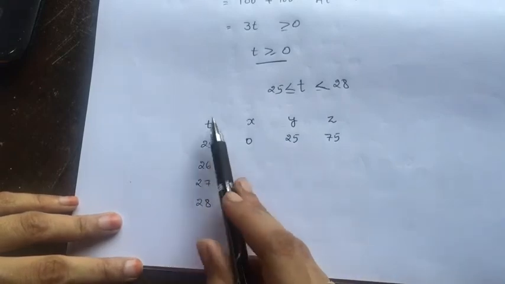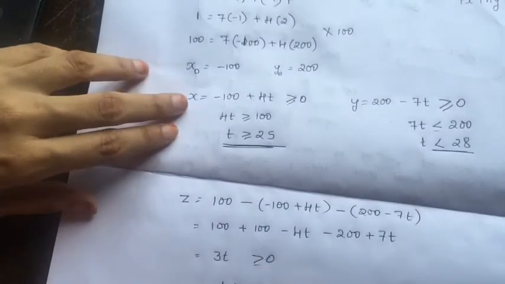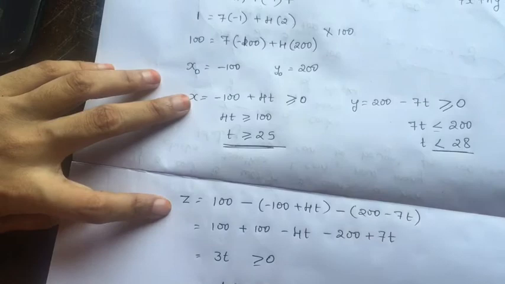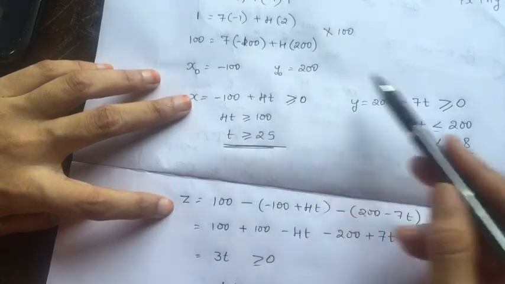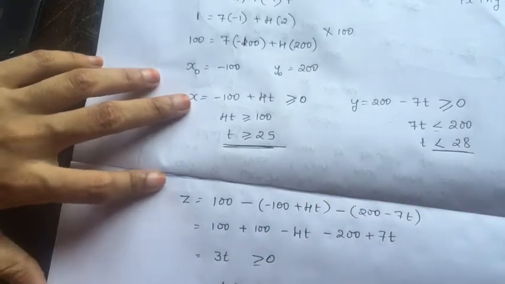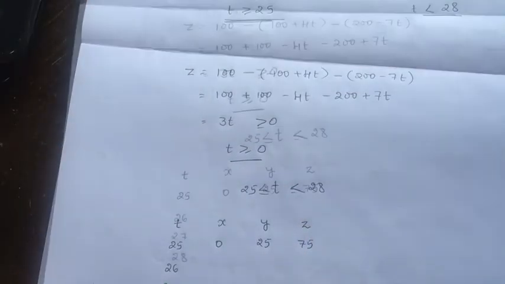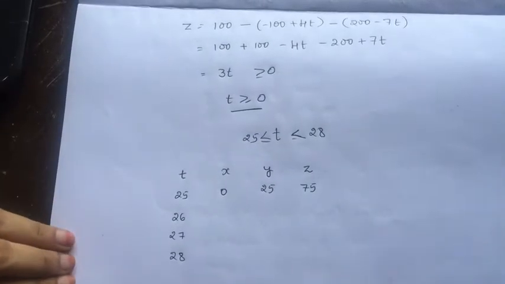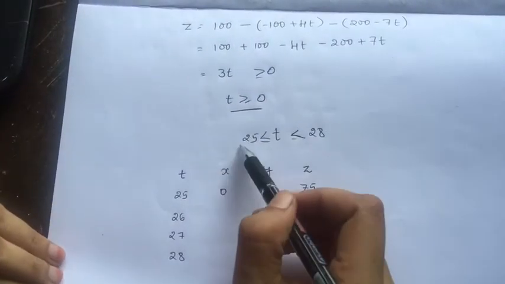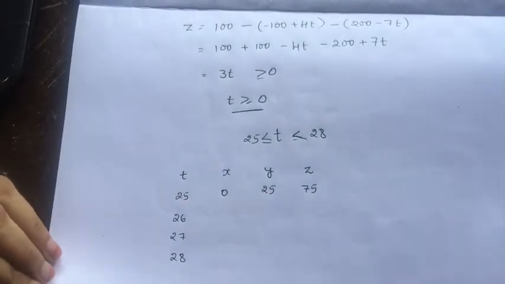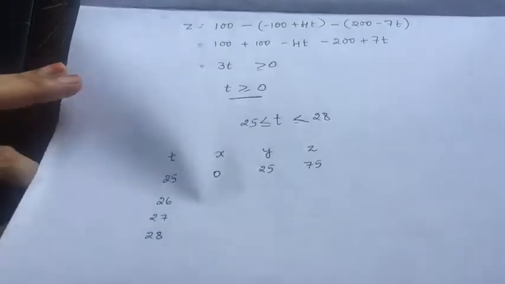You have to put values for t in these 3 equations for x, y, z and get the values of x, y, z. So this is the condition, and you are getting different values for x and y and z.